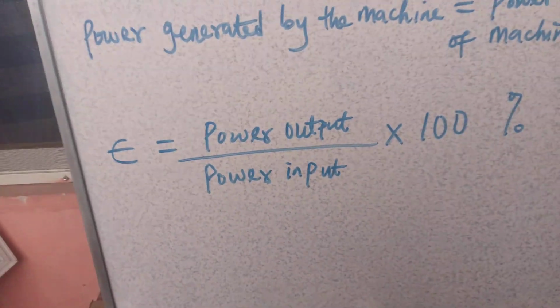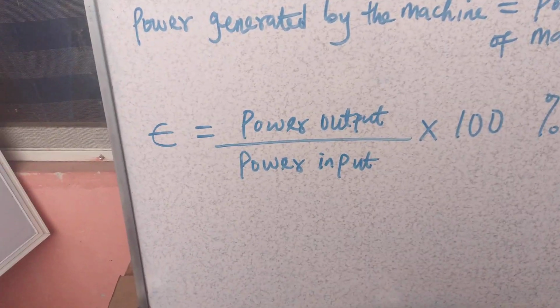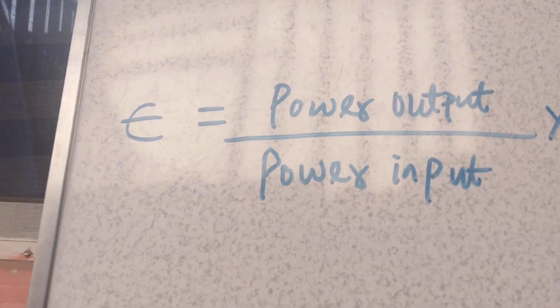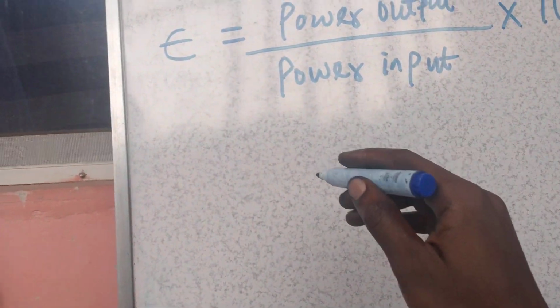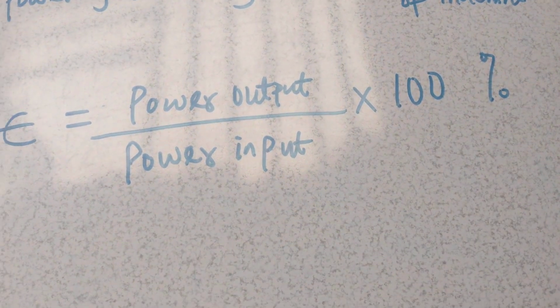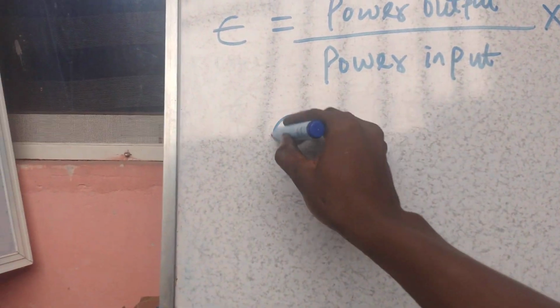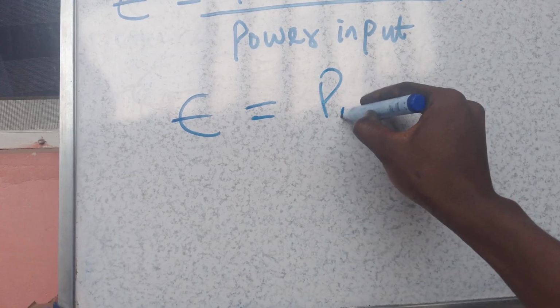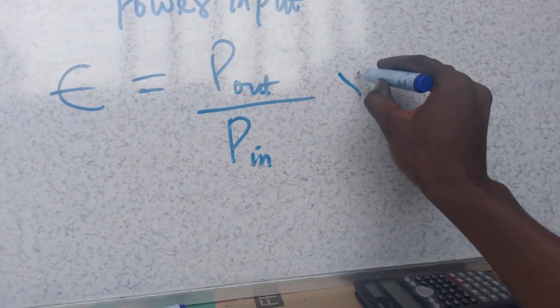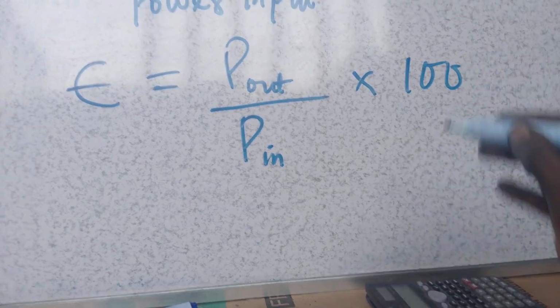Okay, that's efficiency. All right, so we continue. Now, the power output is the power generated by the machine. So it means the efficiency is equal to P out over P in times 100.